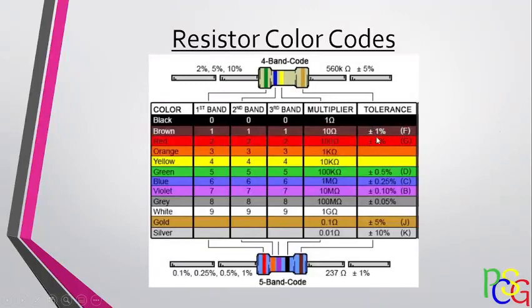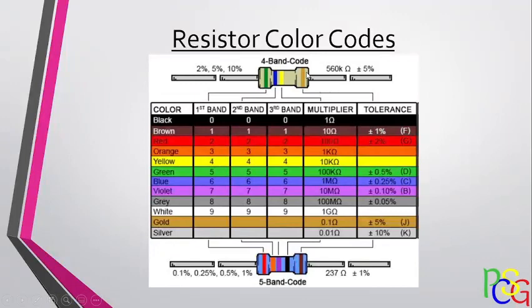Now, the tolerance means that in every resistor, or everything made, it will not be perfect. So the tolerance allows you to gauge what the difference may be, whether it be 1% from the actual measured value. So if you have 560K, it could vary 1% down from that or 1% up from that.